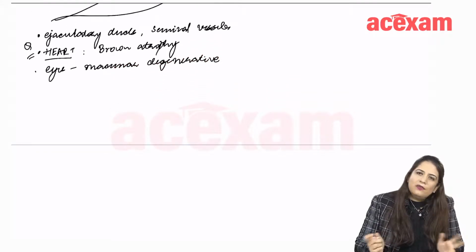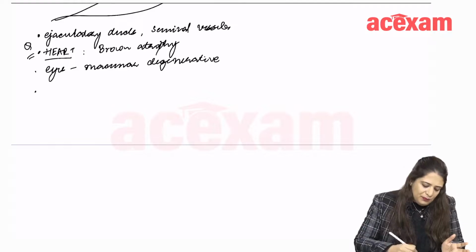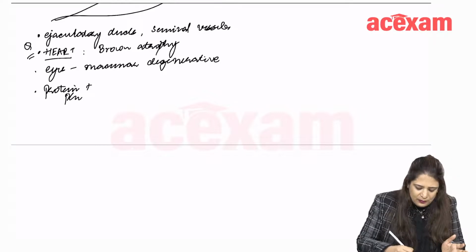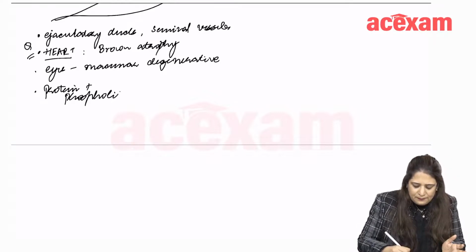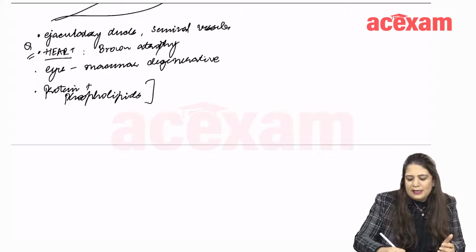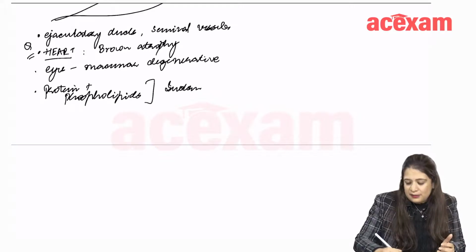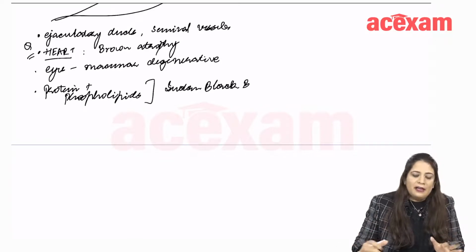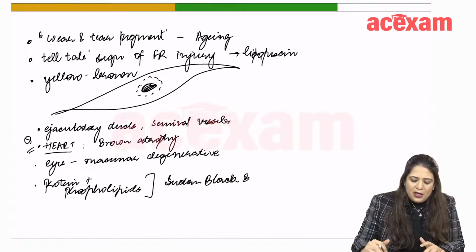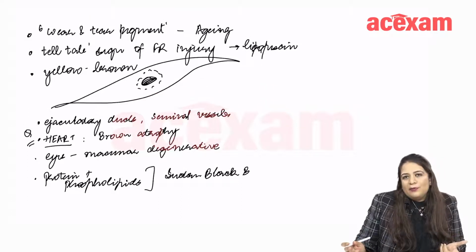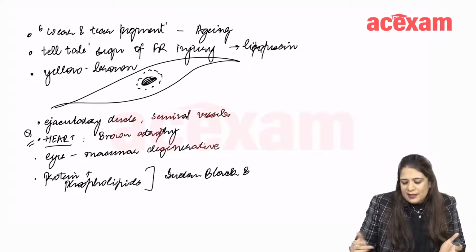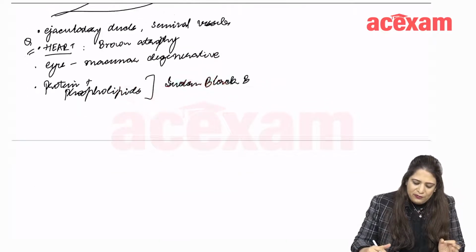Then special stain for lipofuscin, because this lipofuscin is actually a combination of protein as well as phospholipids. Stains like Sudan black, which is actually a typical lipid stain, can identify lipofuscin as well. Though identifying lipofuscin is not of much importance, I would say, but differentiating it from another golden brown pigment, which is hemosiderin, is important.